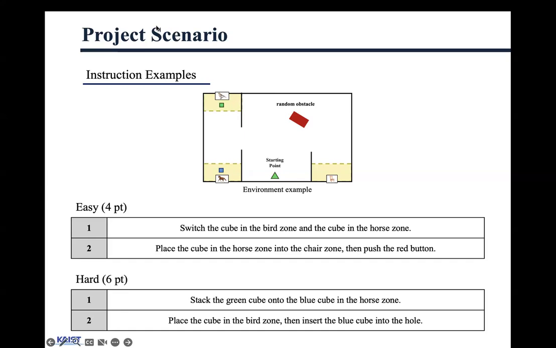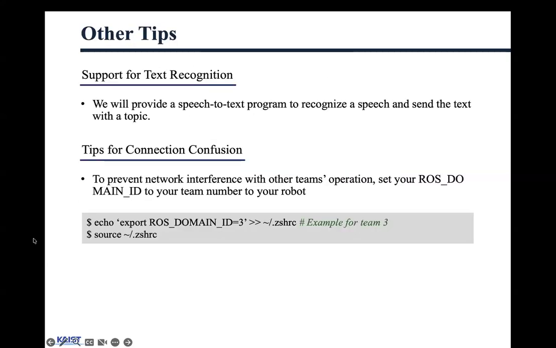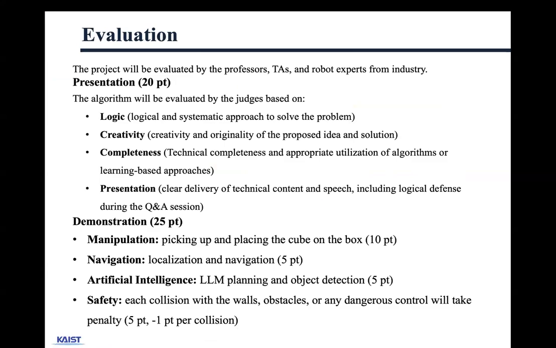You don't have to conduct 2 tasks plus extra 2 tasks for easy and hard. You will be assigned one task from the easy tasks and one task from the hard tasks. The maximum point will be 10, and that 10 points is the manipulation point, worth 10 points in the demonstration's 25 points.